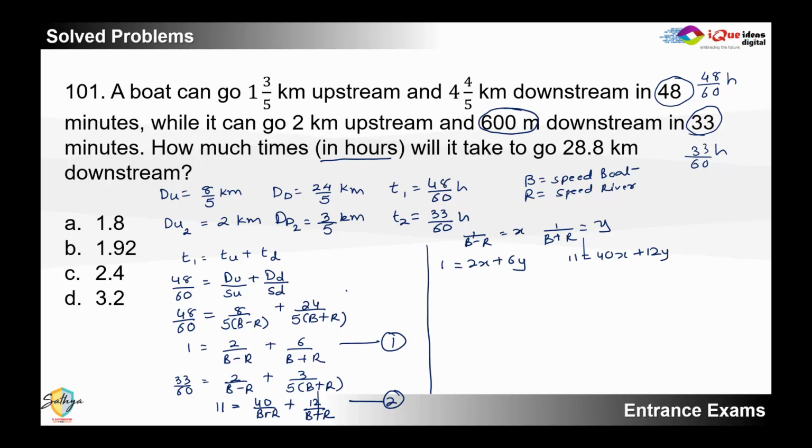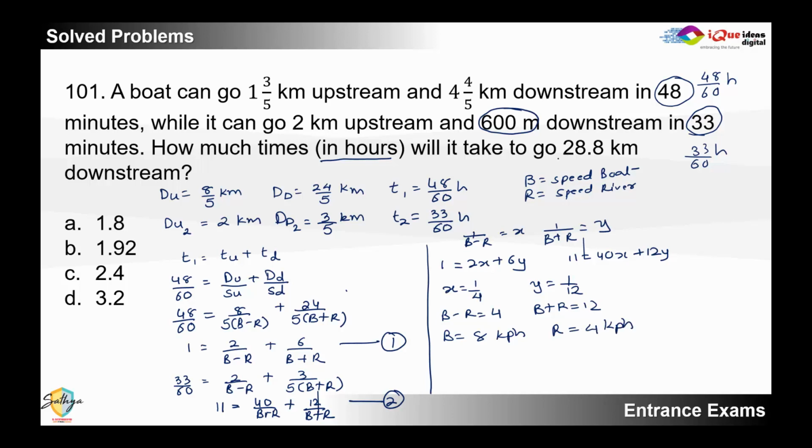Solving these two linear equations, I get the value of x as 1 by 4 and y as 1 by 12. So effectively, B minus R is equal to 4 and B plus R is equal to 12, which makes the speed of the boat 8 kilometers per hour and the speed of the river 4 kilometers per hour.